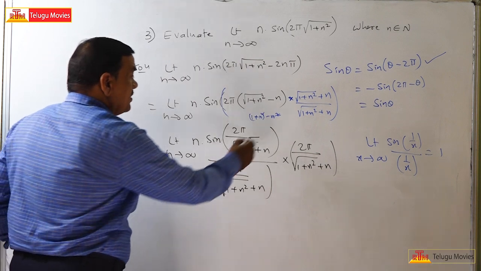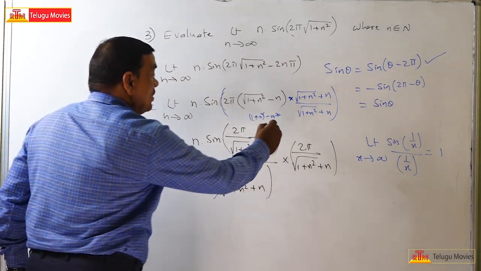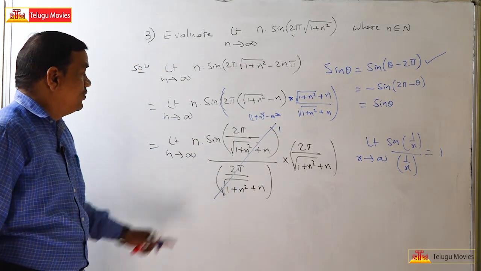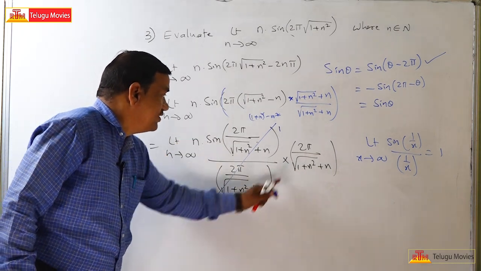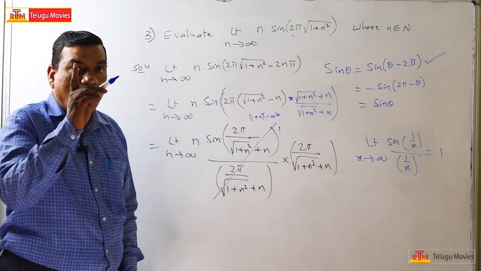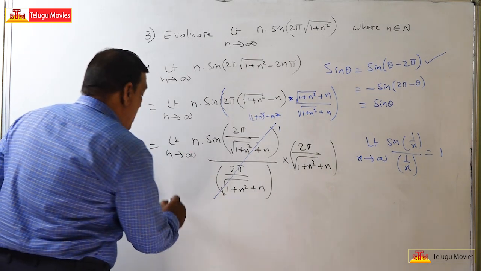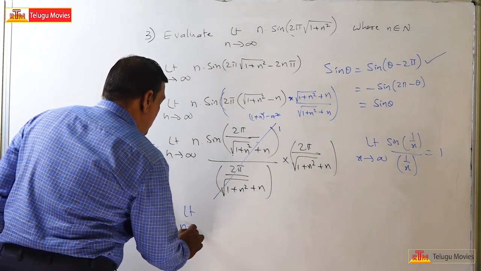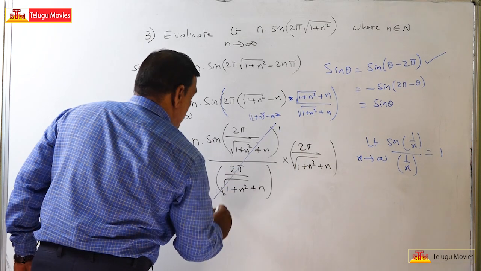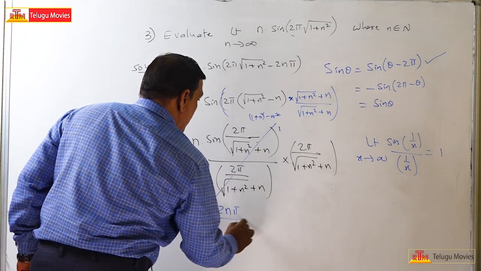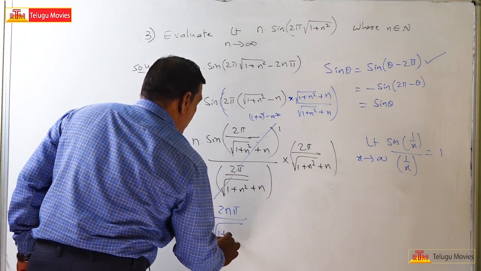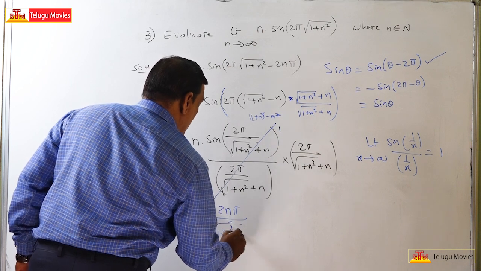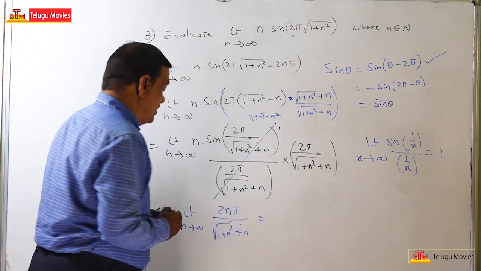Up to here the value is 1, the total limit as n tends to infinity, so the total value is equal to 1. Okay now. Now we remain with limit n tends to infinity, which is equal to 2n pi upon root of 1 plus n square plus n.